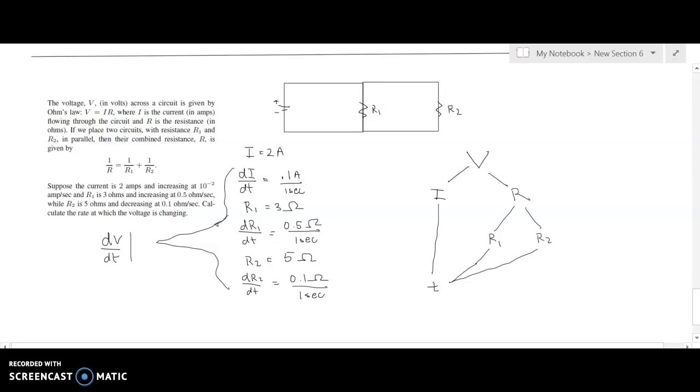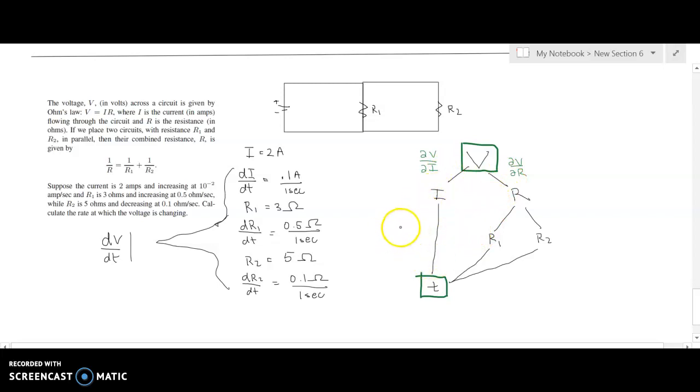Voltage at the end of the day is going to be a function of time. But to get it as a function of time, I have to consider its relationship to current and its relationship to resistance. If I build out these chains, this is going to be dV/dI, and this is dV/dR. I'm using partial notation because V depends on two inputs.